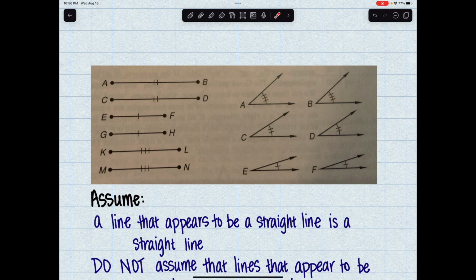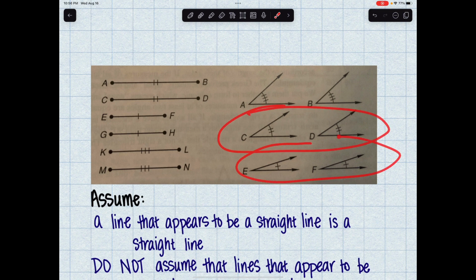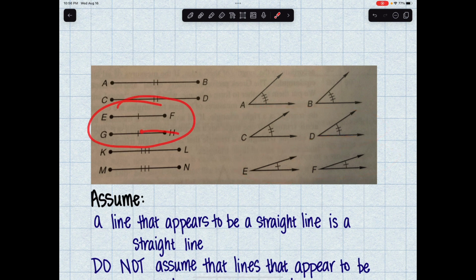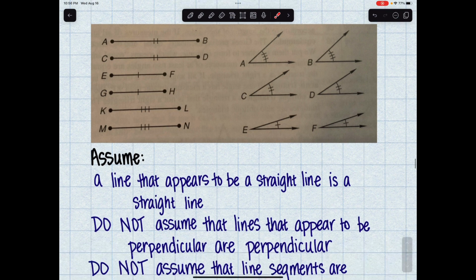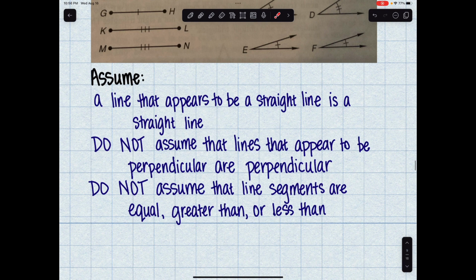You cannot assume that they are the same even if they just look the same. C and D are the same here, E and F are the same because they only have 1 tick mark. Okay, these are the same and these are the same. Make sense?